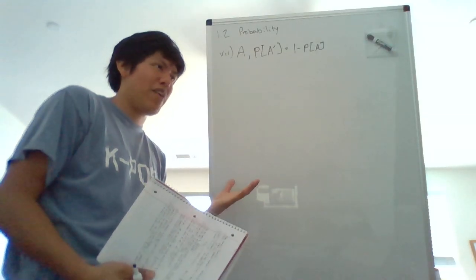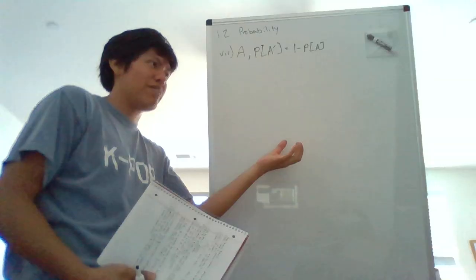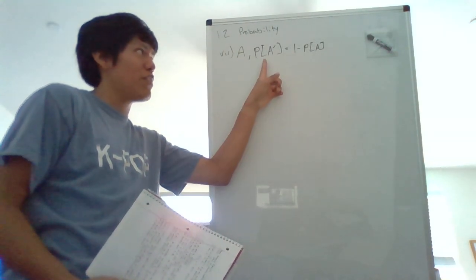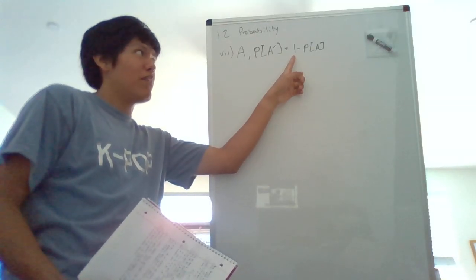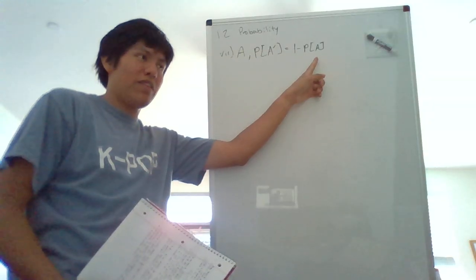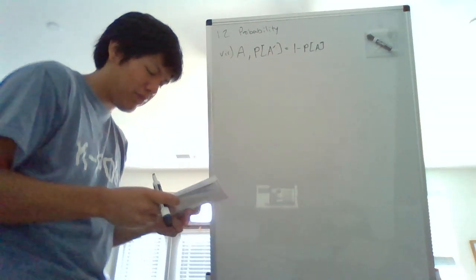Which makes sense, you have A, and then you have literally everything else. And so that is how you would find the probability of the complement of A: literally everything else minus the probability of A. And then that's A complement, or the probability of A complement.